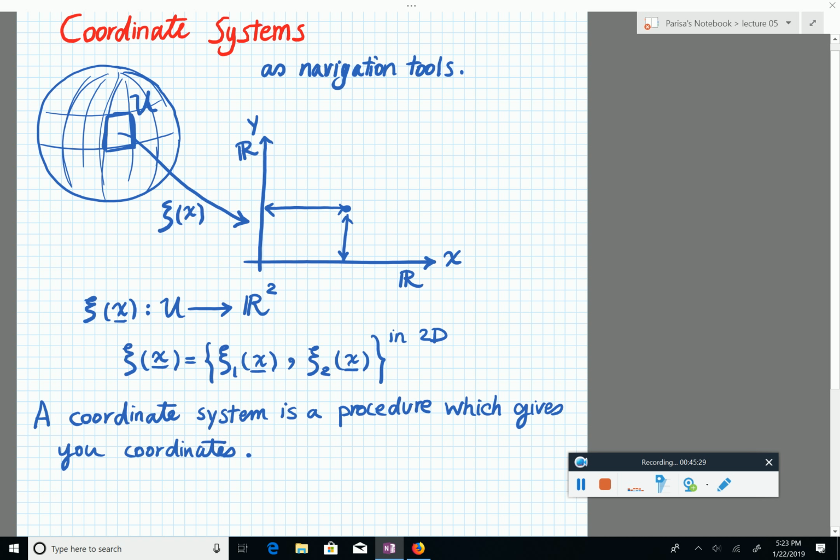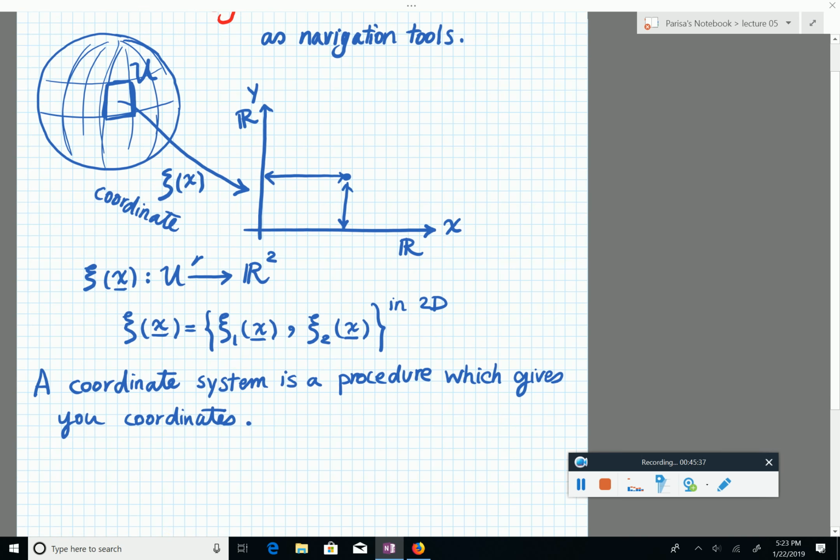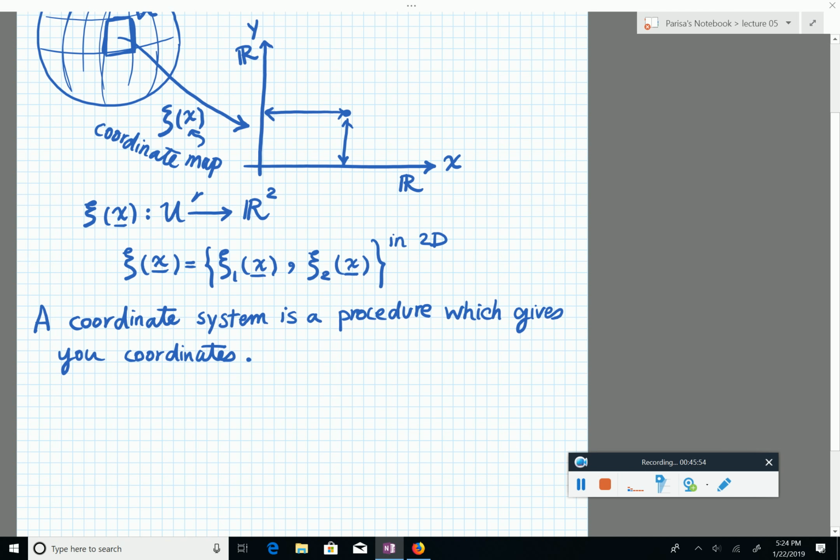And this mapping is called a coordinate function or coordinate map. So now I've told you everything I wanted to tell you to introduce coordinate systems. We can look at an example.